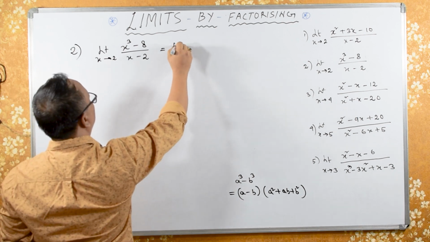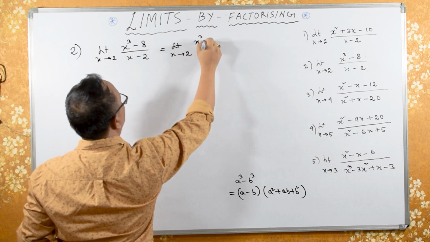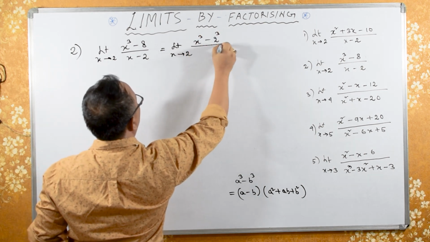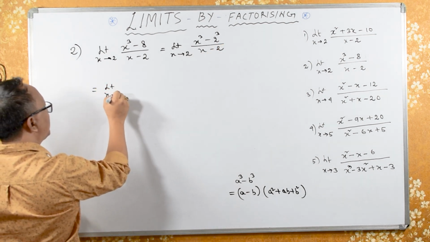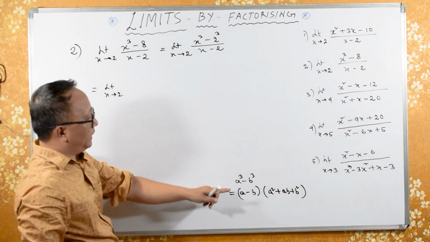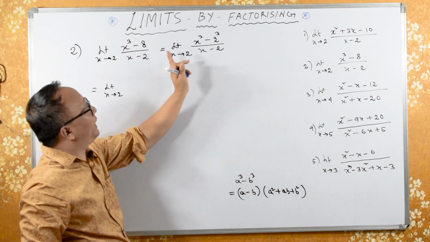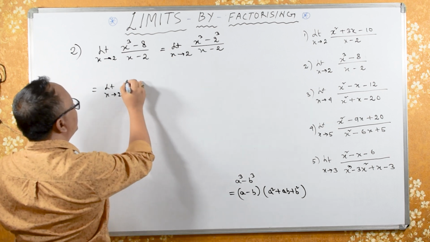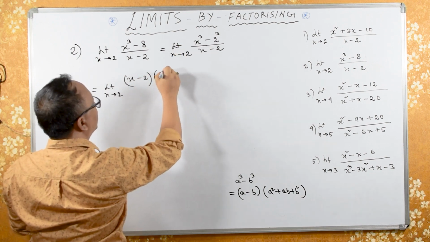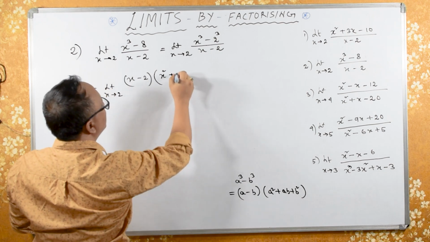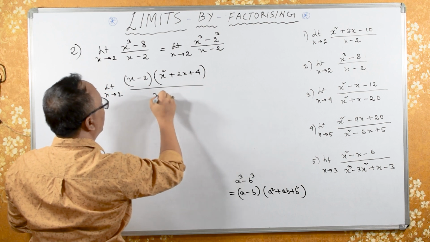So in the limit of x tends to 2, x cube minus 2 cube upon x minus 2, here I will get x minus 2 times x square plus 2x plus 2 square, upon x minus 2.